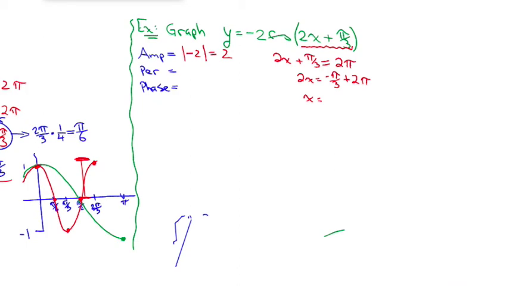Awesome. But the better way of thinking about it is, instead of dividing by 2, multiply by a half. So it would be pi over 6. So this will be negative pi over 6 plus, and then the 2 pi, you divide by 2. Guessing is good up to a point.